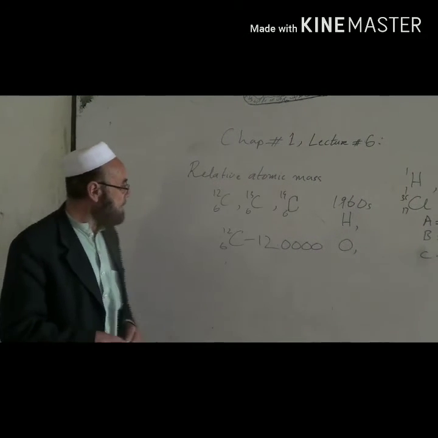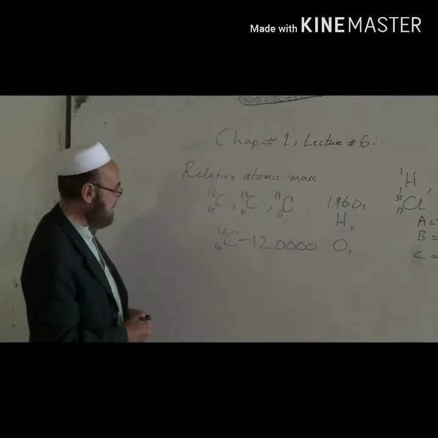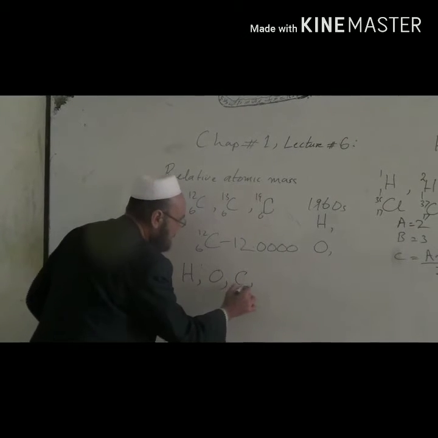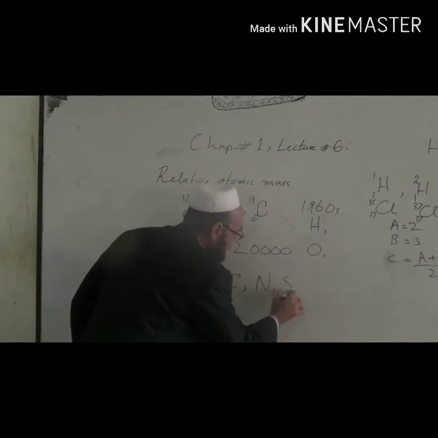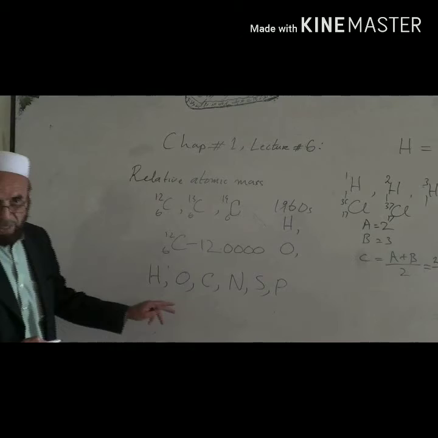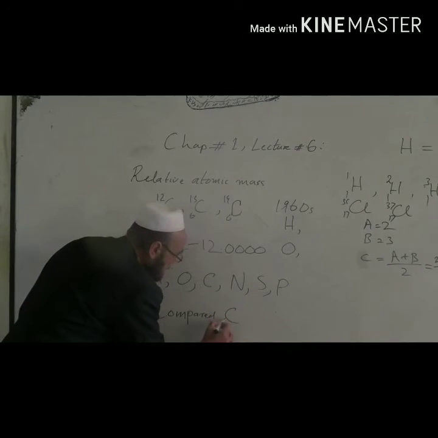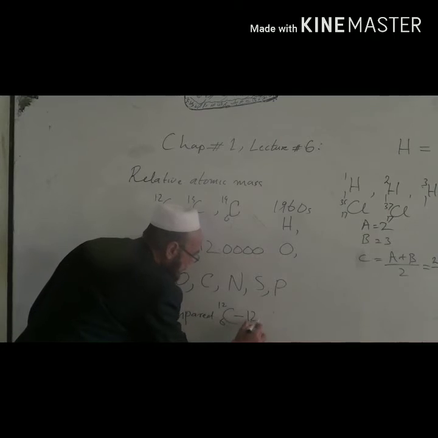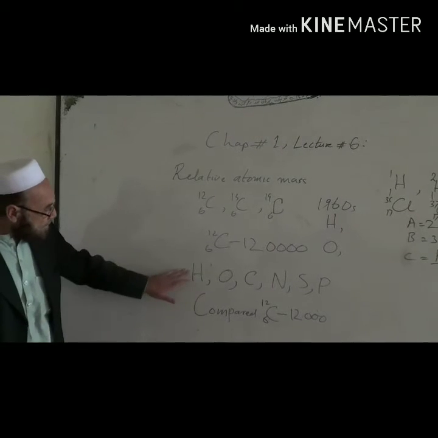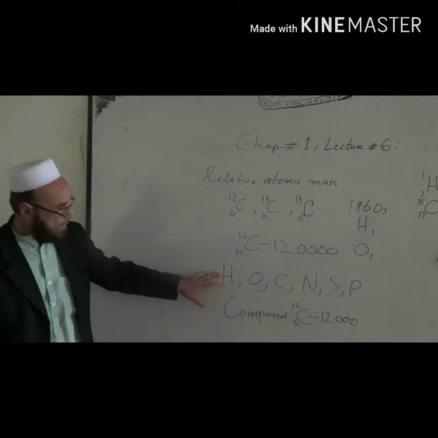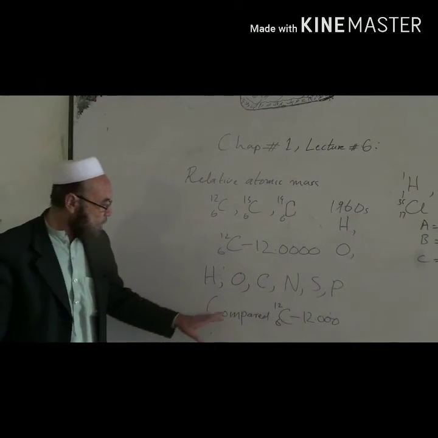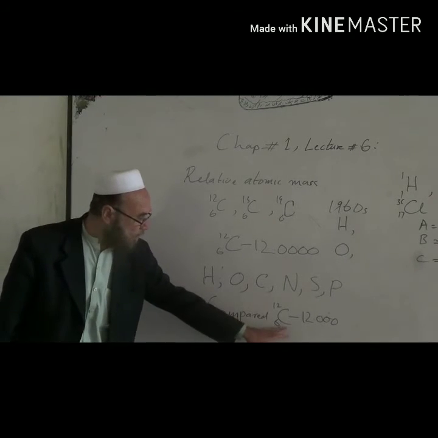So what is relative atomic mass? Relative atomic mass is any mass, whether of hydrogen, oxygen, carbon itself, nitrogen, sulfur, or phosphorus, when we determine it compared to carbon isotope 12.00. It is the mass of any other atom, oxygen, carbon, hydrogen, nitrogen, any atom, obtained by comparison to carbon isotope 12.